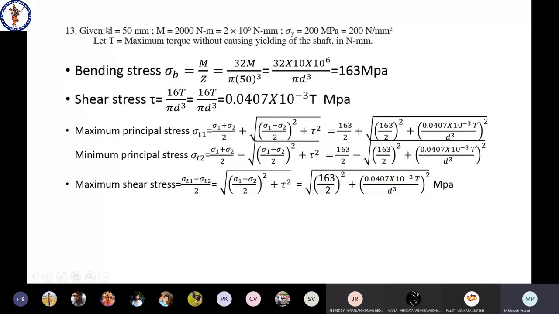So we are calculating initially the bending stress. Bending stress equals M by Z, that is 32M by pi d cube.